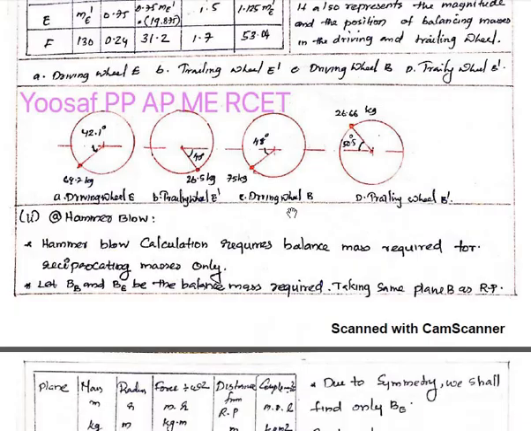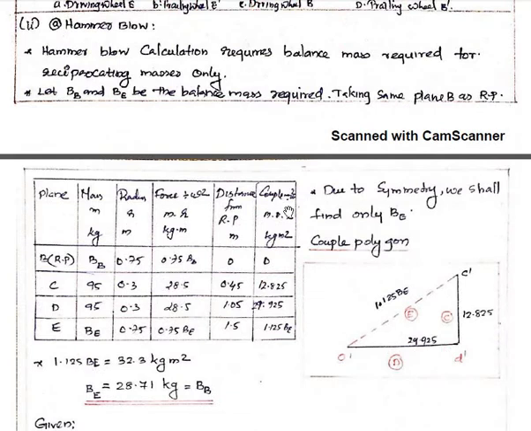The second part of our question is to find the hammer blow. Hammer blow calculation requires the balancing mass required for the reciprocating masses only. So let BB and BE be the balancing masses required. Take the same plane B as the reference plane, with BB the balancing mass for B, and C and D considered for reciprocating mass alone, and E is the mass of plane E. Similarly we can draw it with only one unknown, BE.